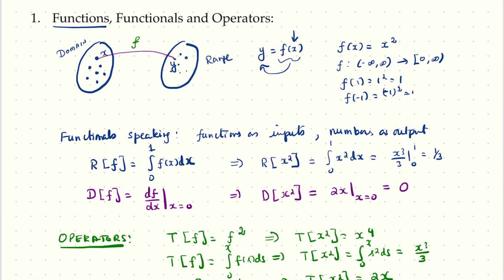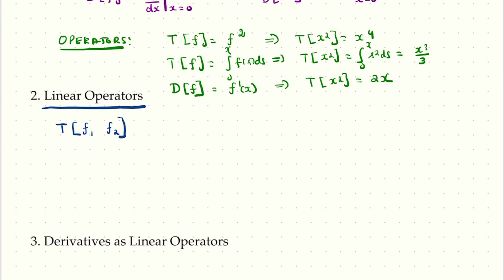Functions are numbers in, numbers out, right? So I have two functions. Let's just say I'm adding these two functions, and the output, if it's exactly the same as the operator T on f1 plus the operator T on f2, right? That will be one condition of the linear operator.